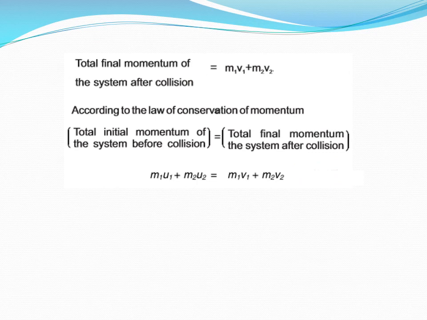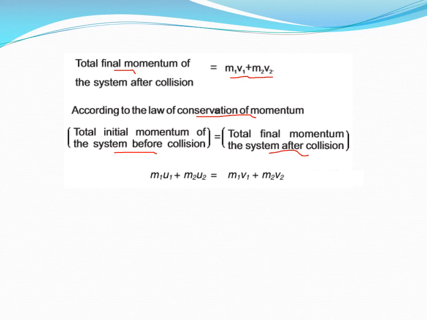So what is the total final momentum of the system after collision? m1 v1 plus m2 v2. So what is the requirement of conservation of momentum? According to the law of conservation of momentum, the total momentum of the system before collision must equal the total final momentum of the system after collision.